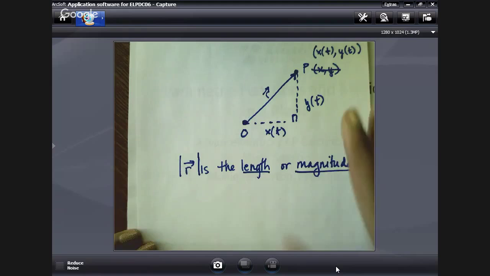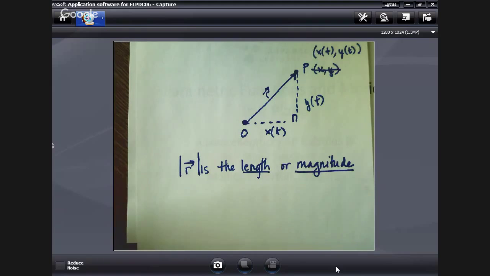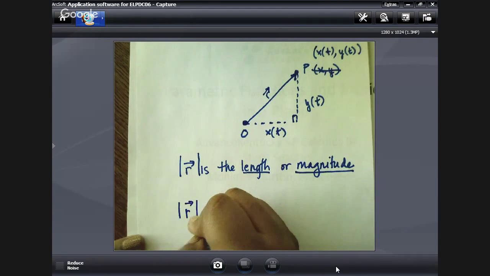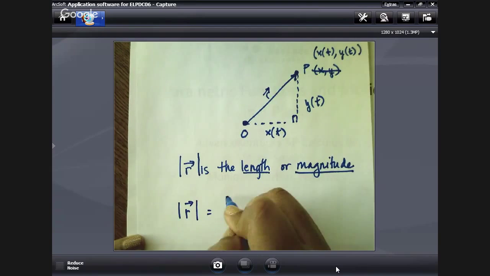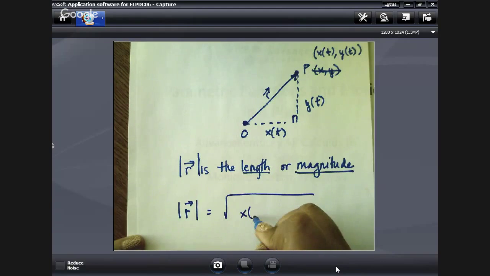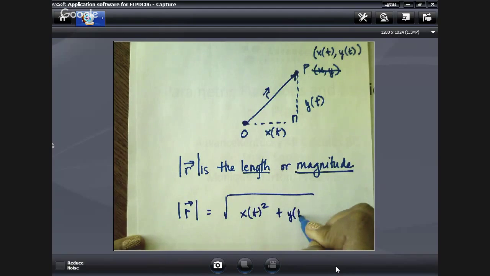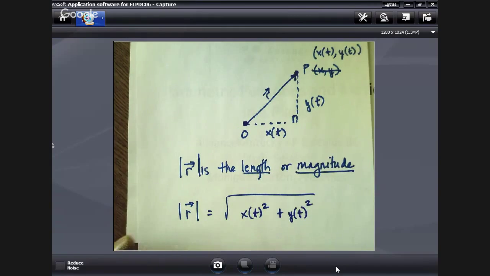Well, if you look at this picture, and showed it to somebody in Algebra 2, what they'd see is a right triangle, right? And they'd see that the absolute value of R is equal to the square root of x of t squared plus y of t squared. And this is going to lead to some definitions of other things.